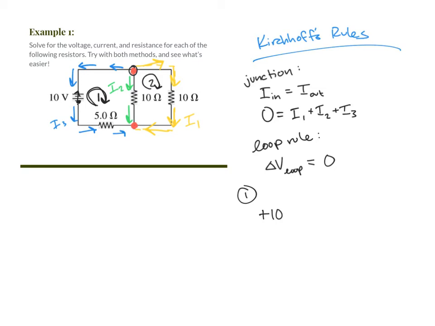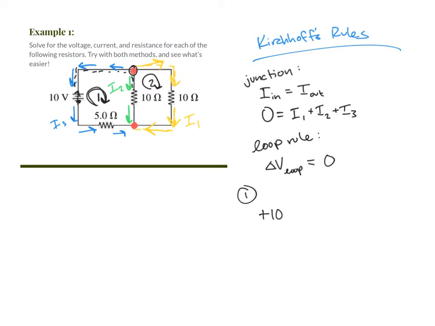And then you continue going around the loop. There's just wire here. Wire doesn't do anything. Get to the junction, and we go down into the resistor. Now, across this resistor, we're going to lose some potential because we're moving the same direction as current. As current goes through a resistor, it loses potential.